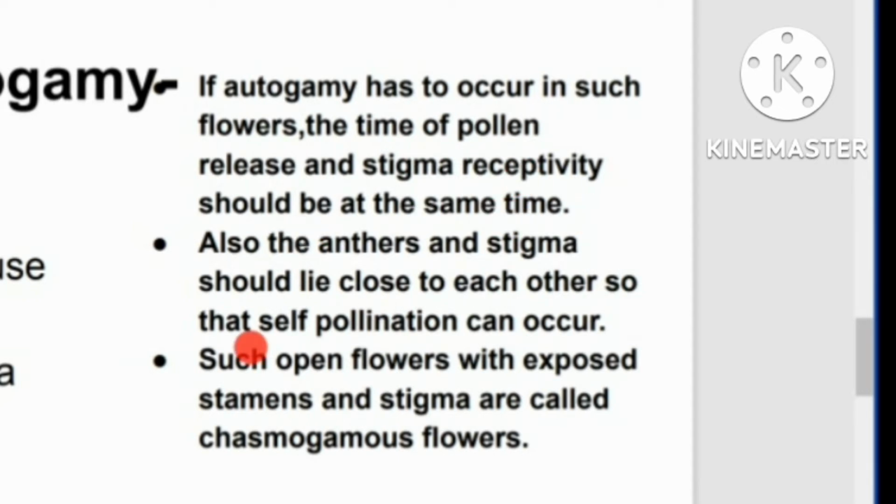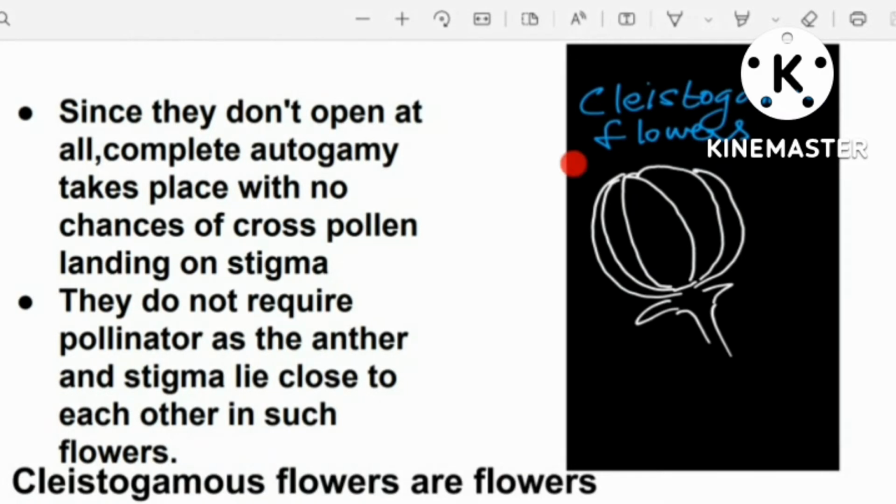Also, the anthers and stigma should lie close to each other so that self-pollination can occur. Such open flowers with exposed stamens and stigma are called chasmogamous flowers.